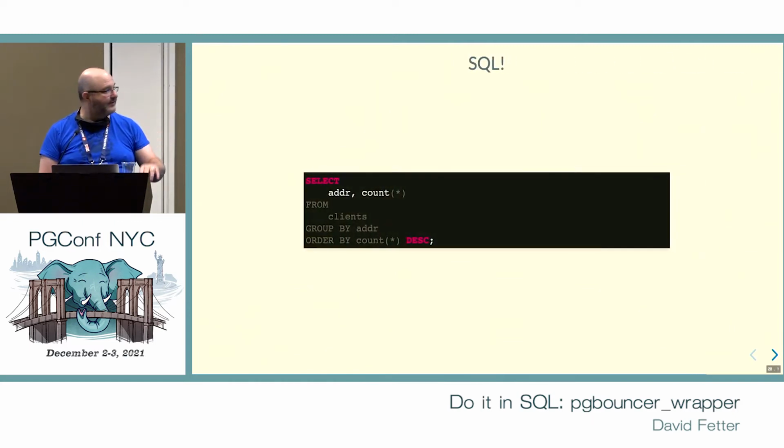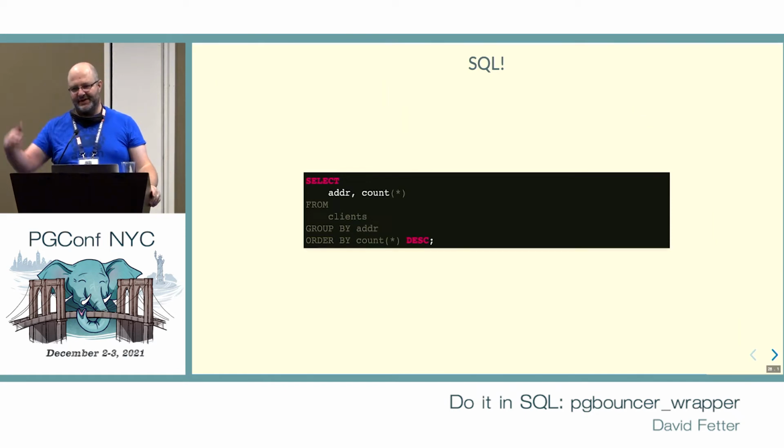So you can do stuff like this. I don't know if that code is legible, and it's got more words than I usually put on a slide, but I'll walk through it quickly. Select adder, count star from clients, group by adder, order by count star descending.